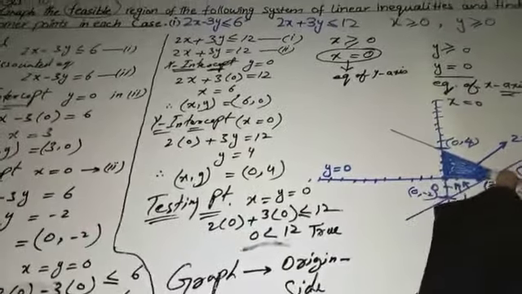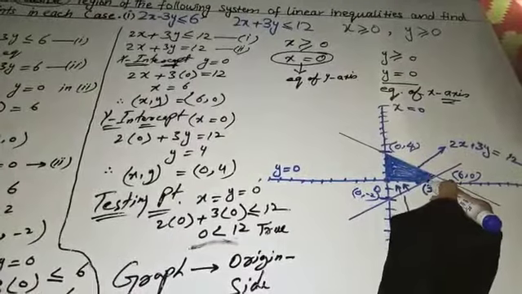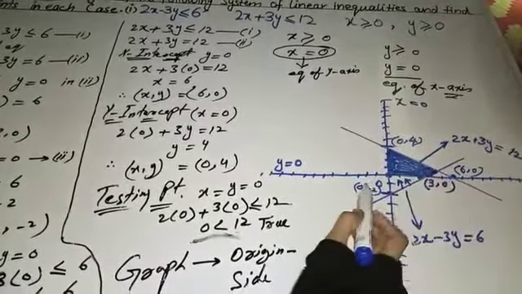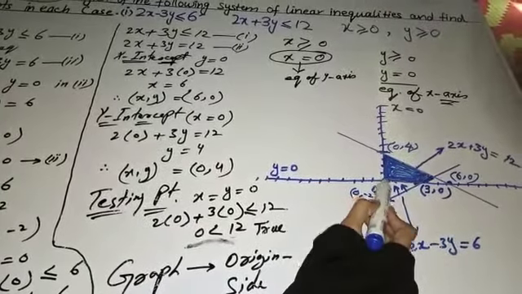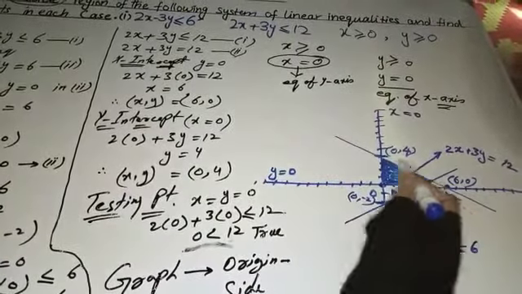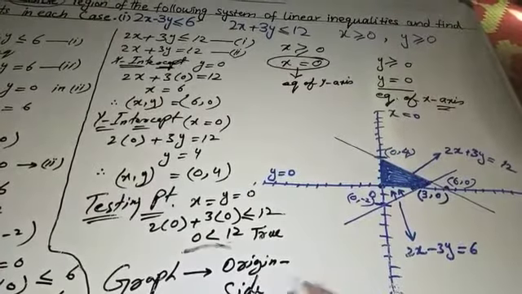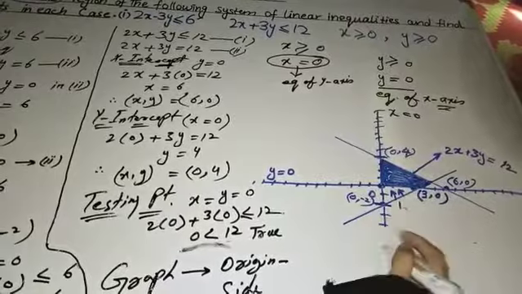Now the next question is to find their corner points. You can see in this diagram, first point A, this point is first point 1, point 2, point 3 and point 4. Now I am writing the points which are already calculated.